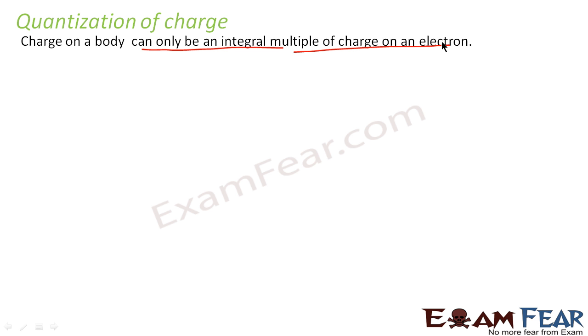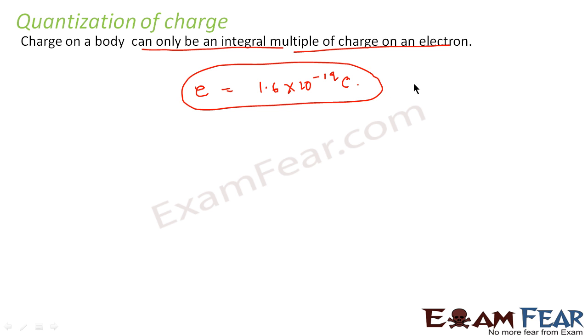So what is the charge on an electron? The charge on an electron is generally denoted by e, and the value is 1.6 times 10 to the power minus 19 coulomb. This is the charge on one electron, and this is considered the fundamental unit of charge. Why is it considered the fundamental unit of charge? Because any other charge is defined in terms of this charge. That's what quantization says.